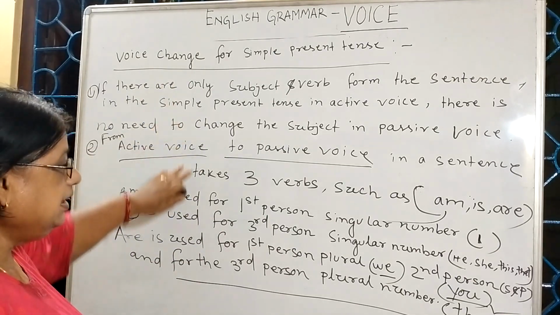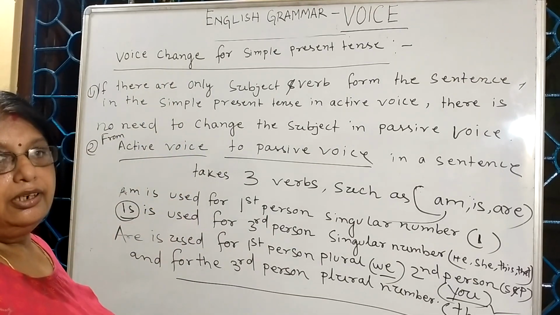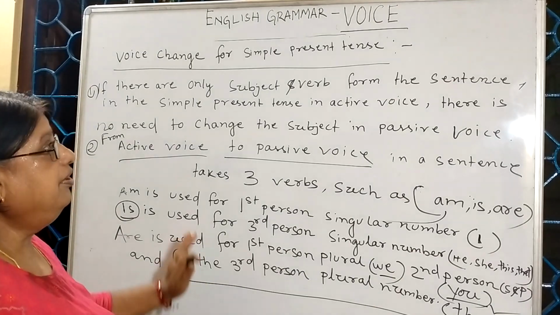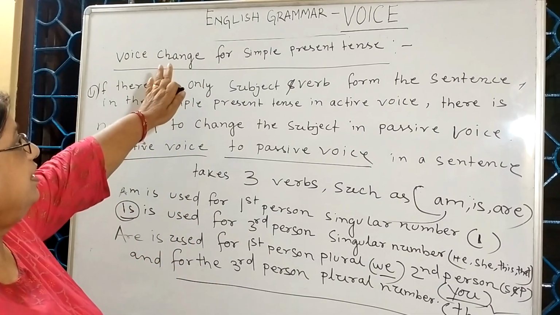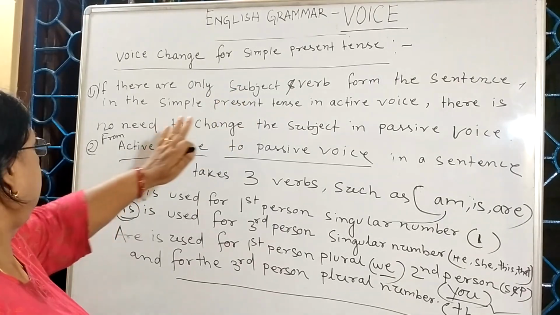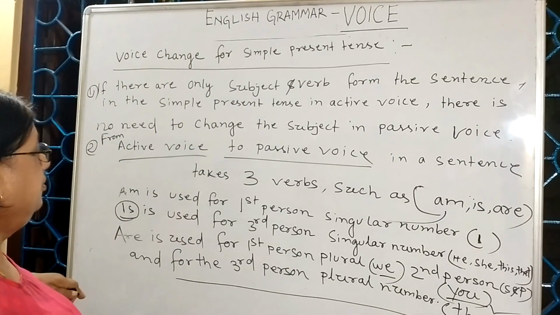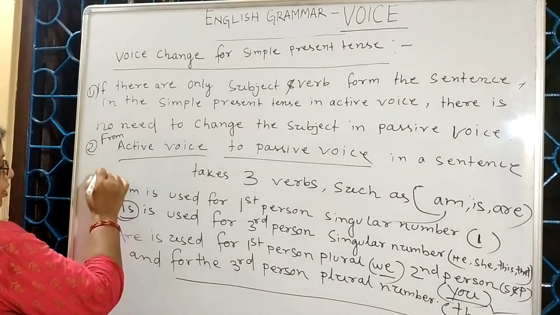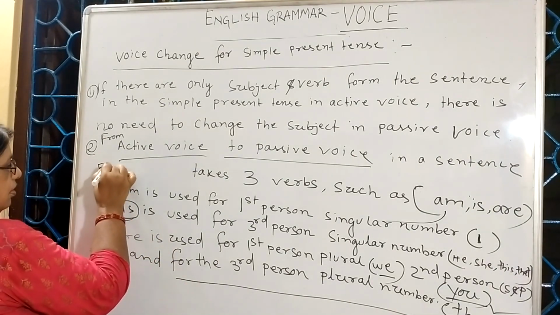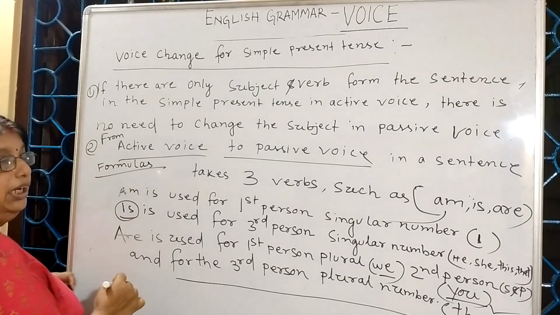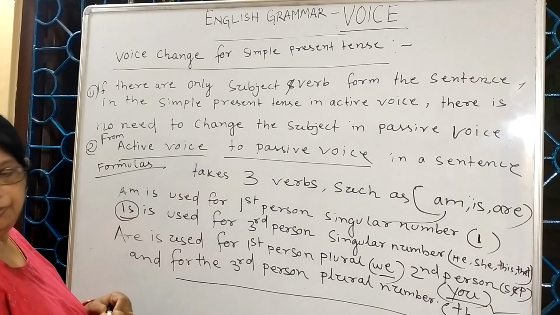So this is the format of active voice and passive voice in simple present tense. This is the formula. So let us see the examples.